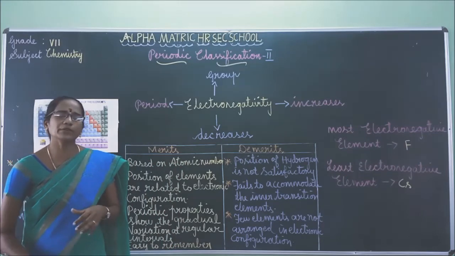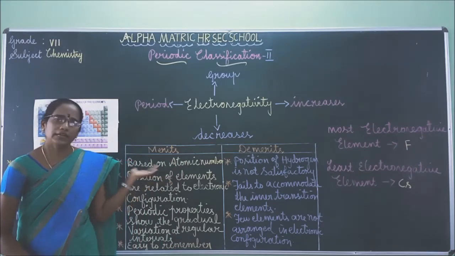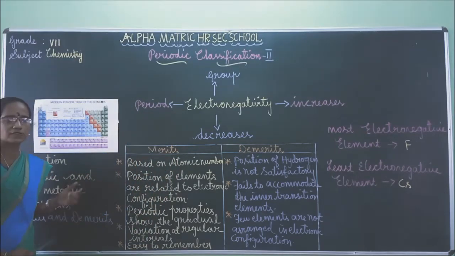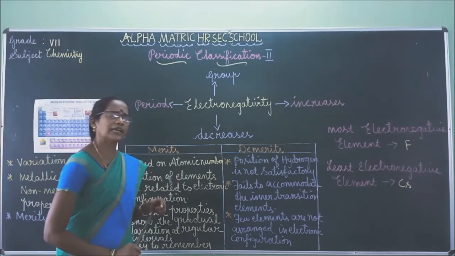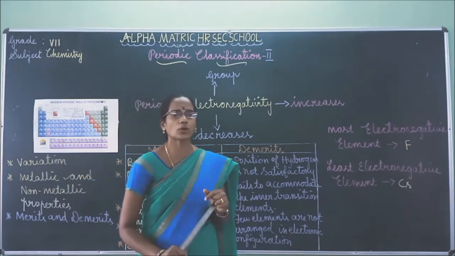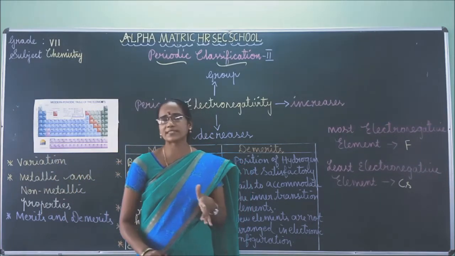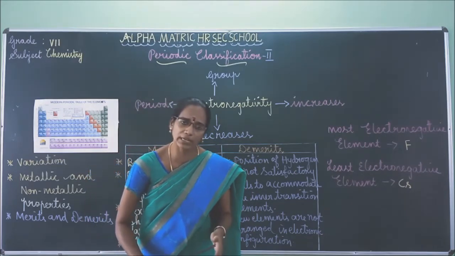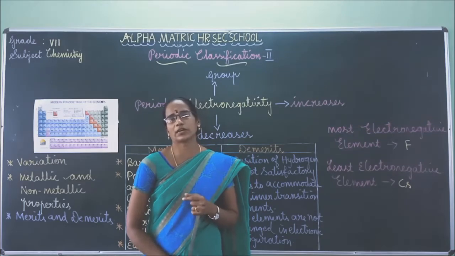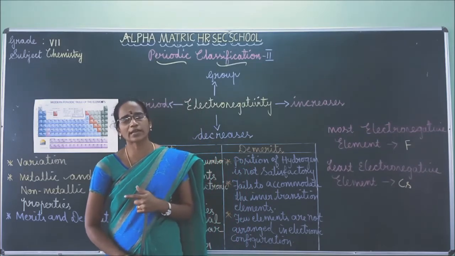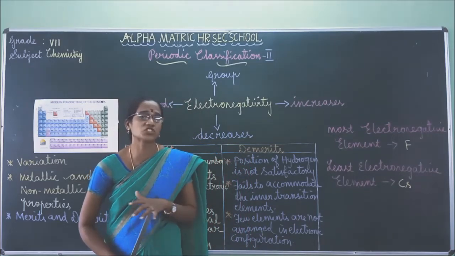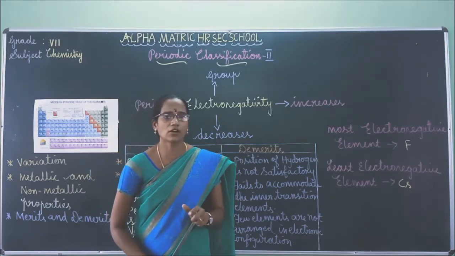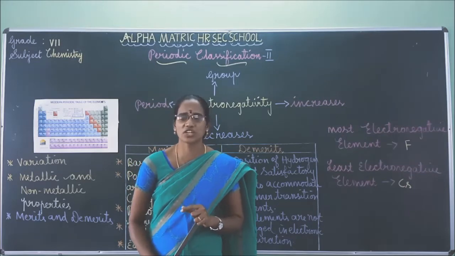First we saw about the metals, the electropositive character. Electropositive is nothing but an atom which tends to lose electrons. Whereas if you take electronegative character, it means an atom which tends to gain electrons to form anion, that is a negatively charged ion.